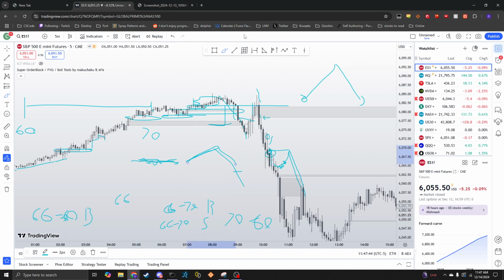All of this range right here is fine right now. No need to trade back up into here. It's balanced, and it's balanced again because we had buy side offered and sell side offered at the same numbers.